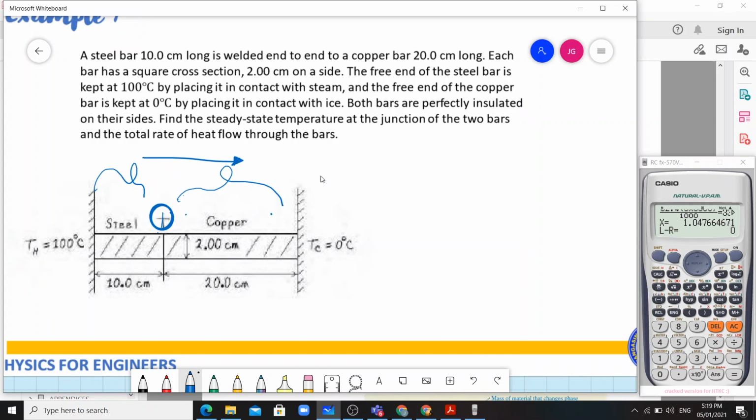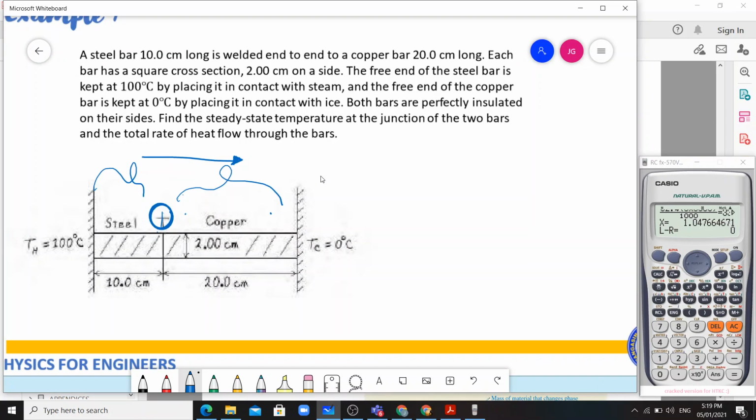From 100 to 0. So, on this side, Q steel is equivalent to Q copper. Okay? Q steel is equivalent to Q copper.